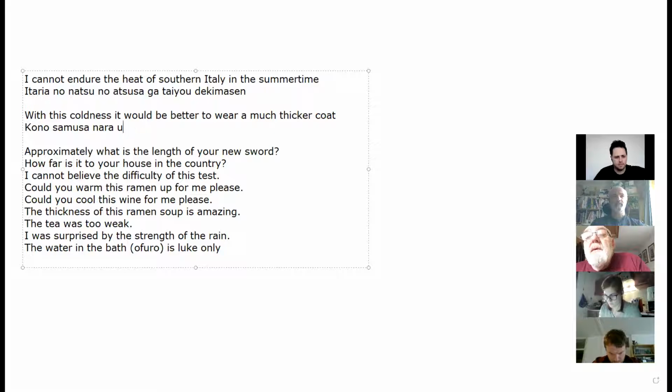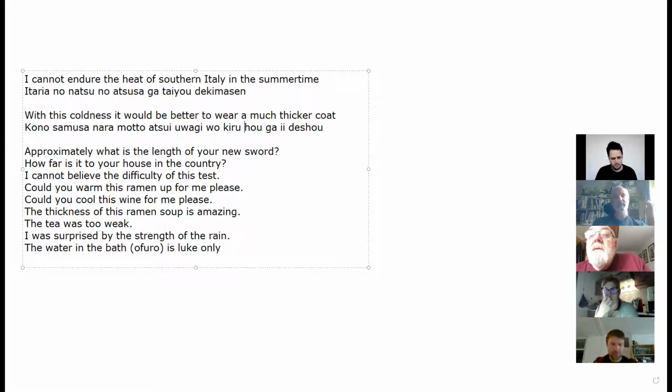So maybe you could actually condense this into motto atsui uwagi. 上着、okay. を着る方がいいでしょう。So yeah, this is fine actually.